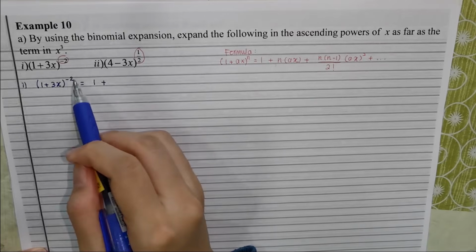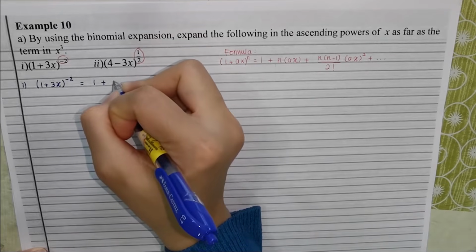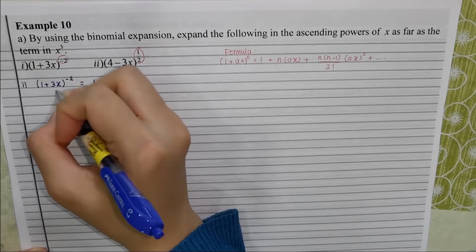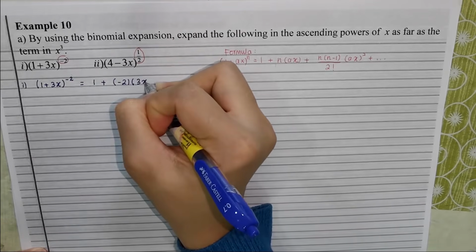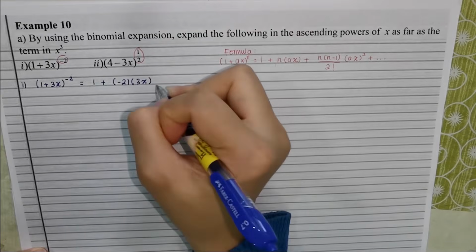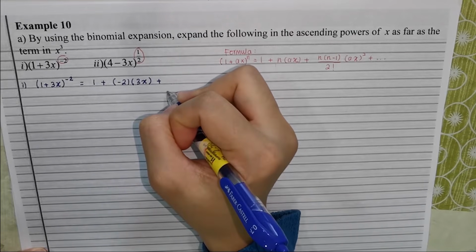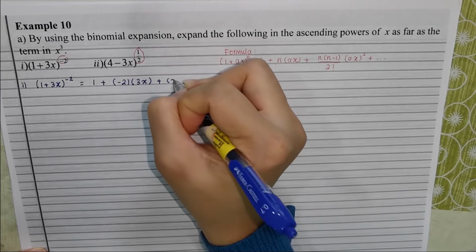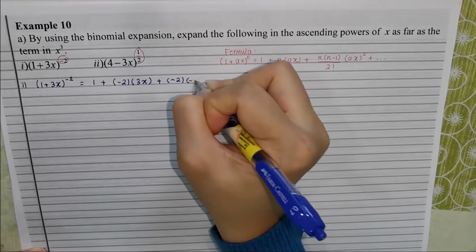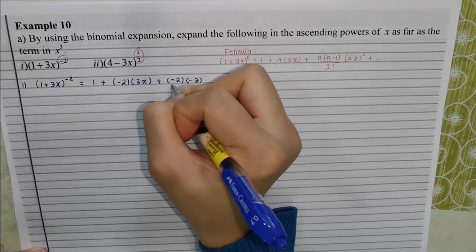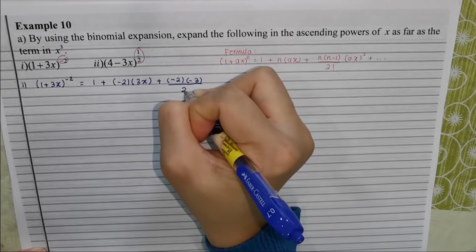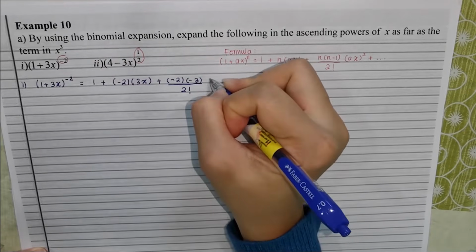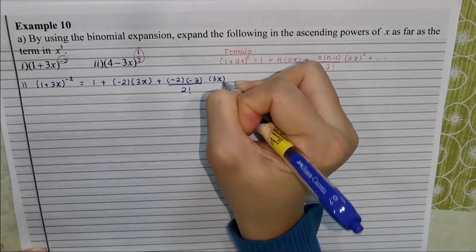We start with n, which is -2, times the second term here, 3x. Proceed with the third term, starting with n, n - 1, two brackets, 2 factorial, and the second term, (3x)^2.